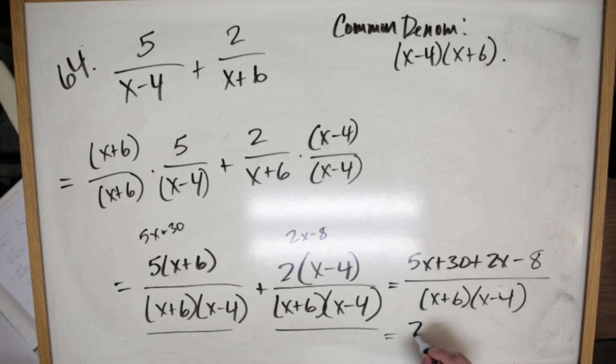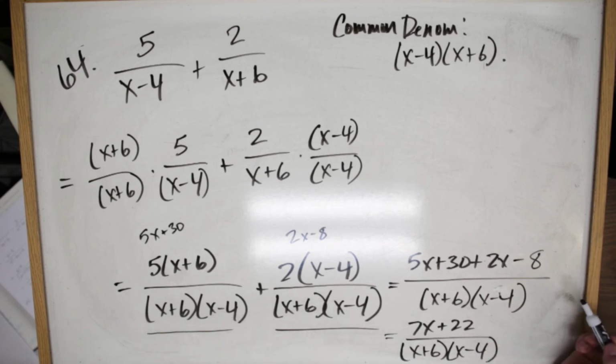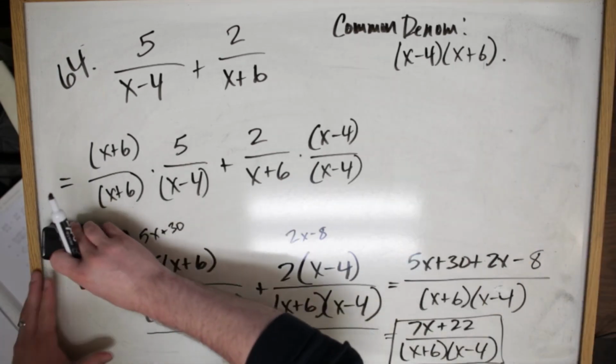This is going to be 7x. 30 minus 8 is going to be 22. And this right here is going to be x plus 6, x minus 4. And nothing cancels out or can be simplified any further. So here is our final answer. Right. So that's 64. Let me do 68. Okay.